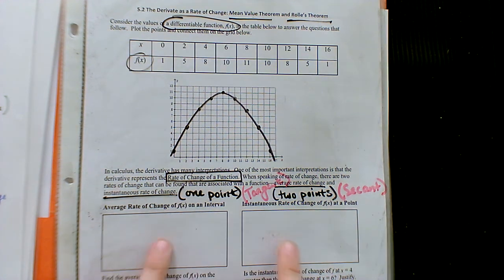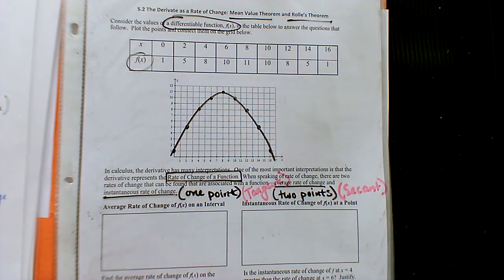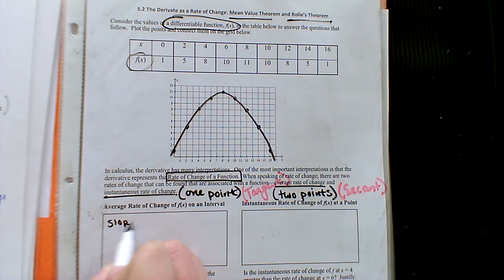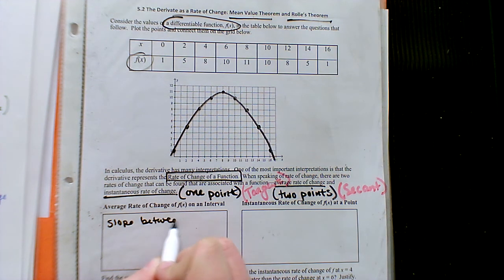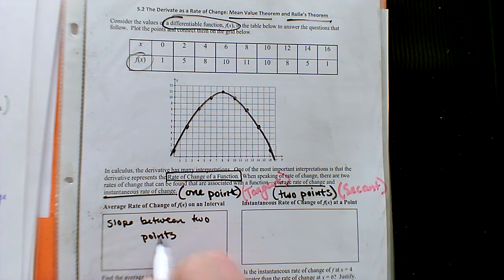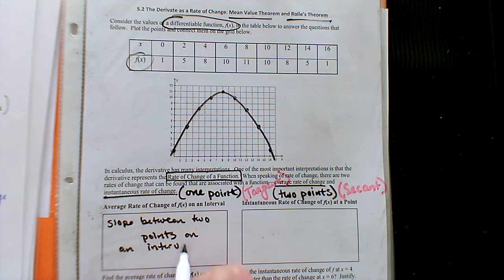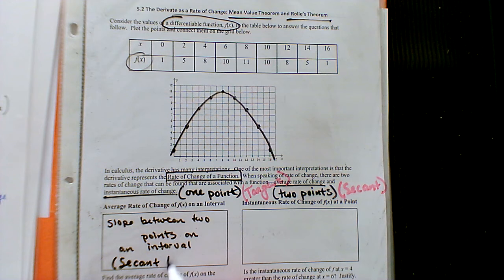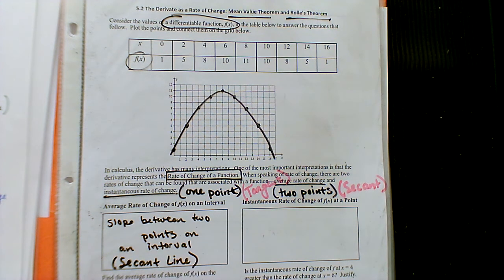Okay, so we're briefly going to identify or define them in these boxes. So average rate of change is basically the slope between 2 points on an interval. All right, this is like your secant line on a graph.